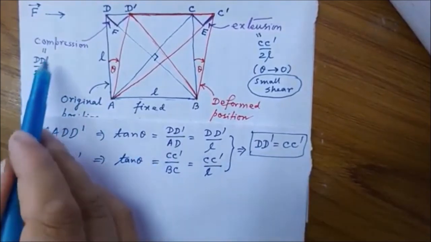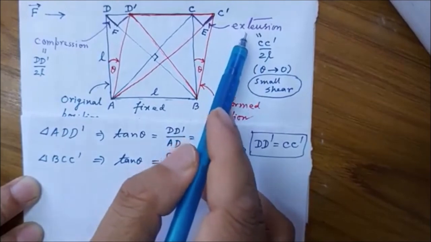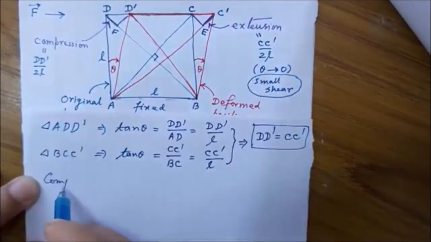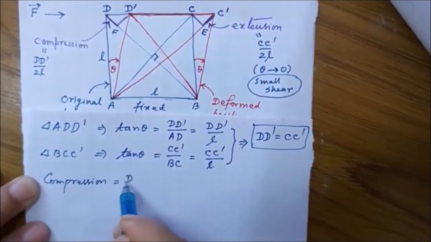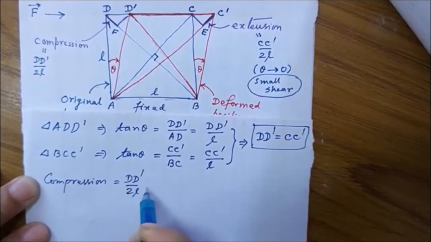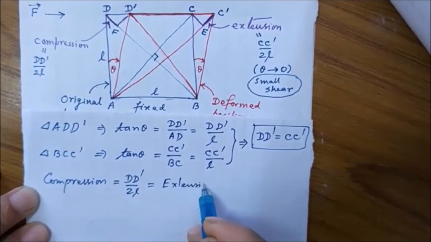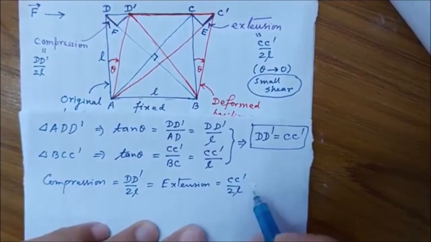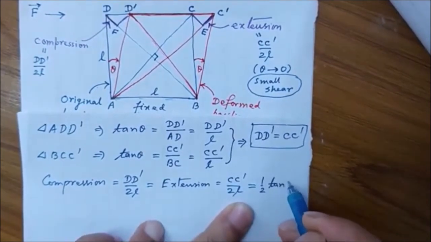Now DD prime occurs in the compression and CC prime occurs in the extension. So let us write these relations. And further, they are equal to half of tan theta.